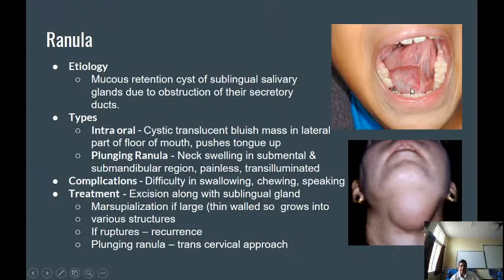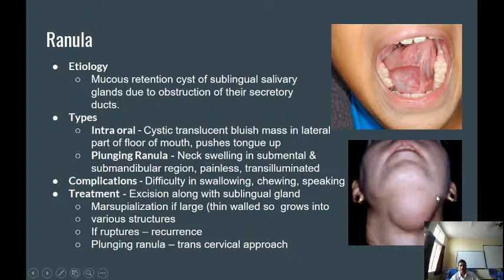And then sometimes as it grows, it may go deep and perforate the oral diaphragm, which is nothing but the mylohyoid muscle, and then present in the neck. There are two varieties that are described. One is the intraoral, the other one is the plunging ranula.